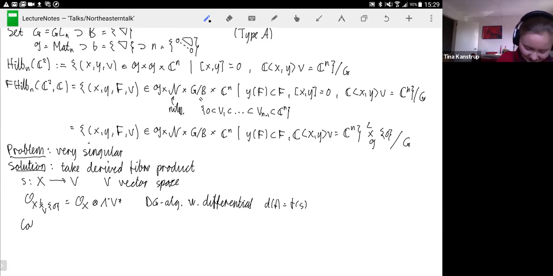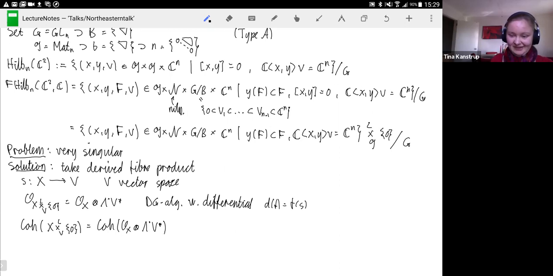My convention of what coherent sheaves on this should be is that they should just be coherent sheaves over this DG algebra, so modules over this DG algebra. At least in the affine case, that would just be modules over the DG algebra. All right, so this is what they want.